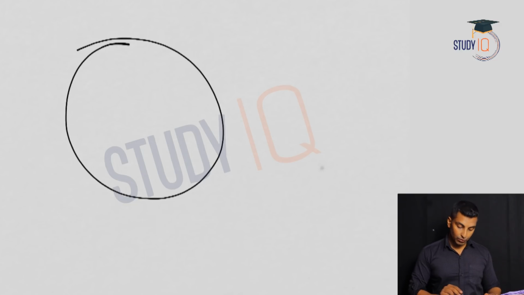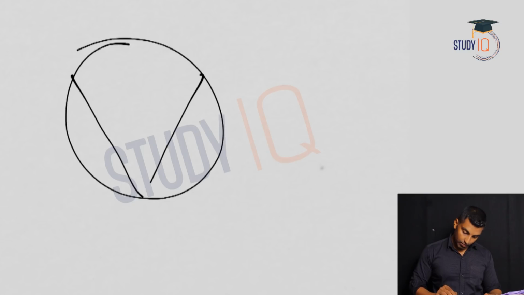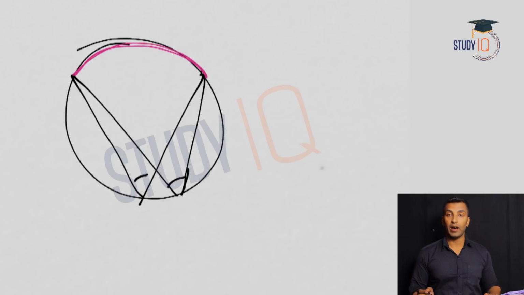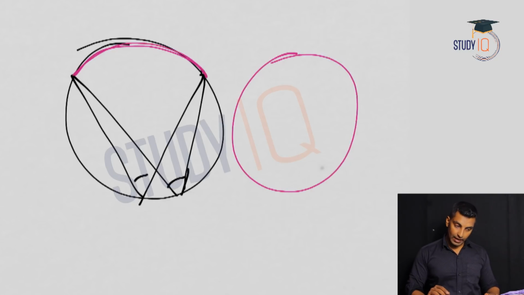So the simple thumb rule is, if you see angle based question and 4 points on the circle, you can think of this: these two angles will be equal if it is coming from the same arc. And with 4 points again, if it is a length based question, you can just join the points, and this will be equal.